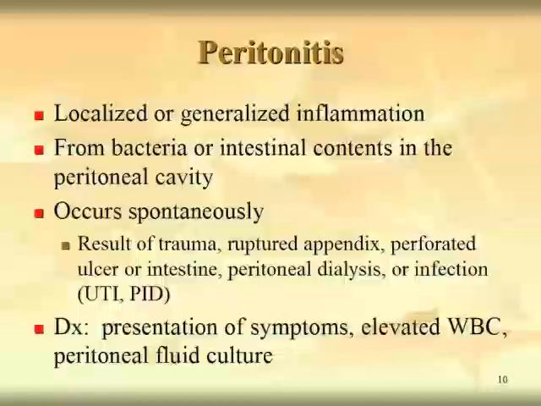It can occur spontaneously, or it can be the result of trauma, ruptured appendix, perforated ulcer, perforated intestine, the patient who has peritoneal dialysis, or it could actually be an extension of another systemic infection that has traveled throughout the body, such as the patient maybe started with a urinary tract infection and then ended up with serious complications such as peritonitis.